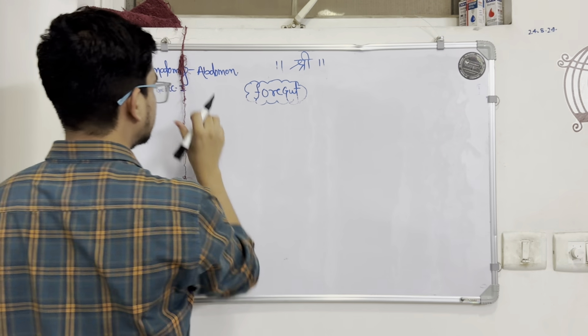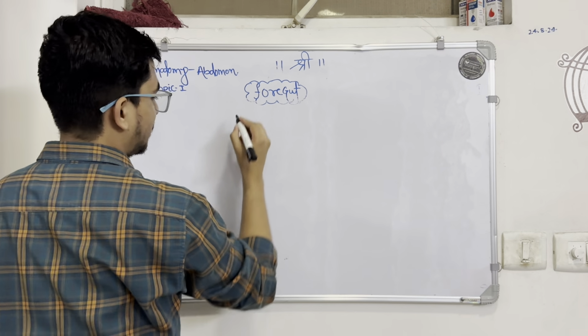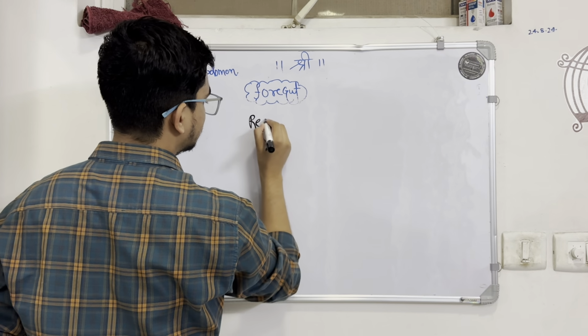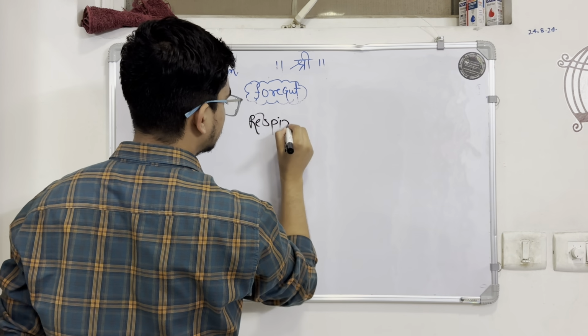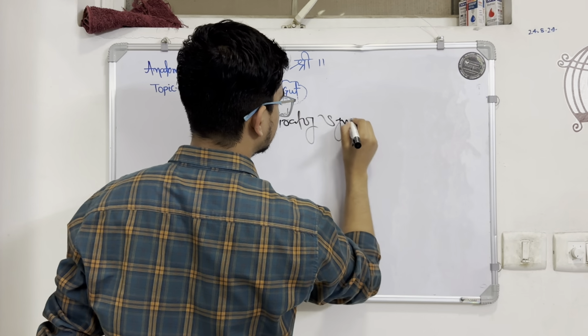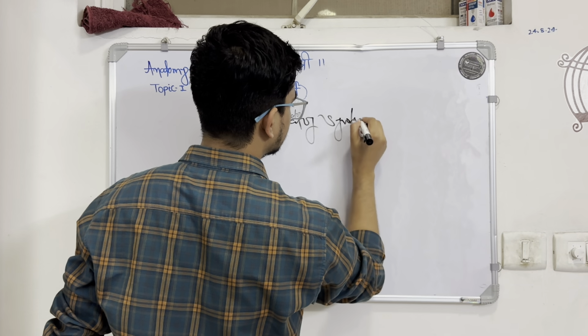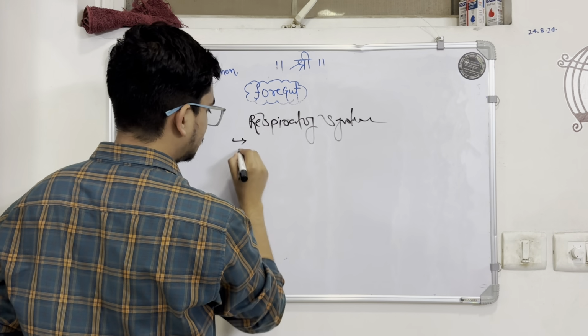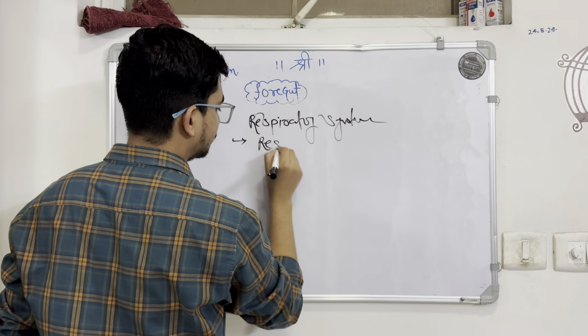Let's start with the respiratory system. It developed from the respiratory diverticulum.